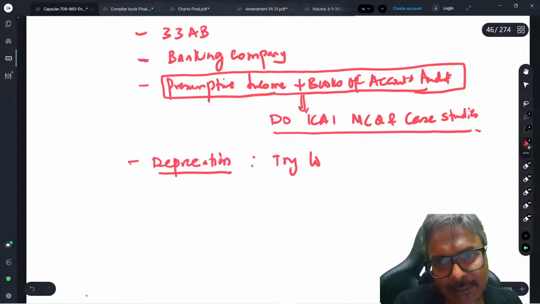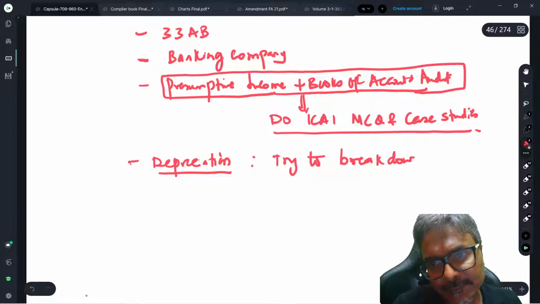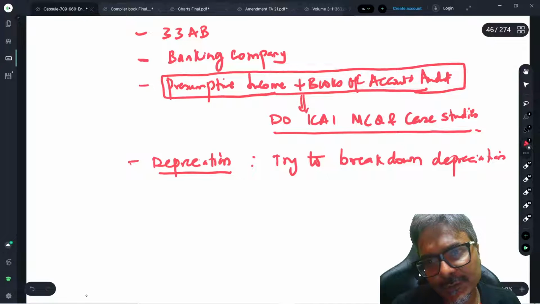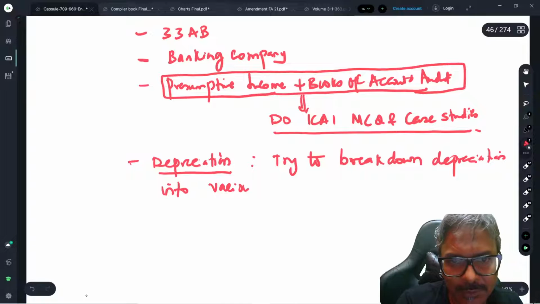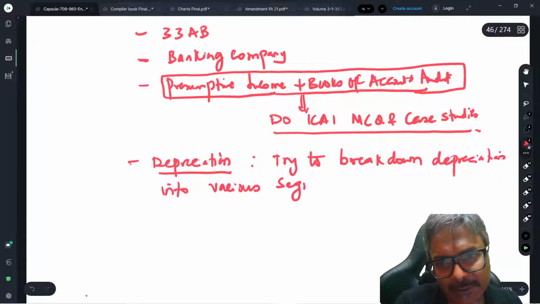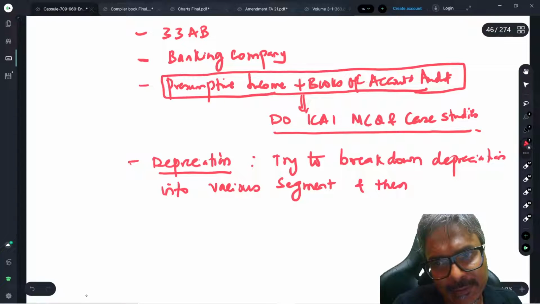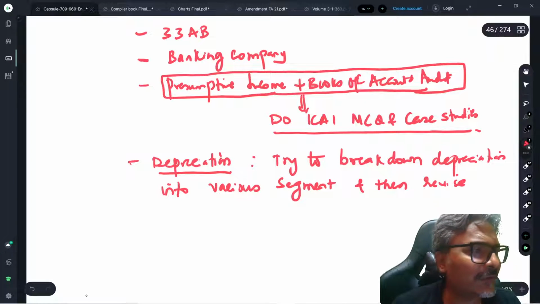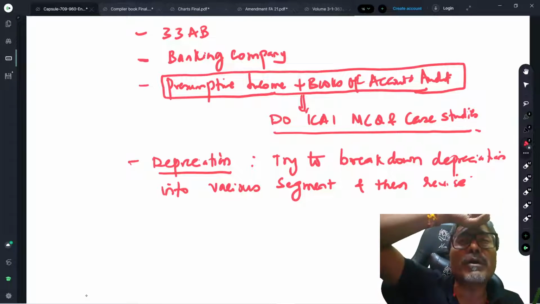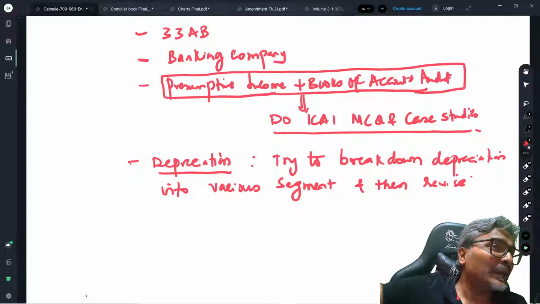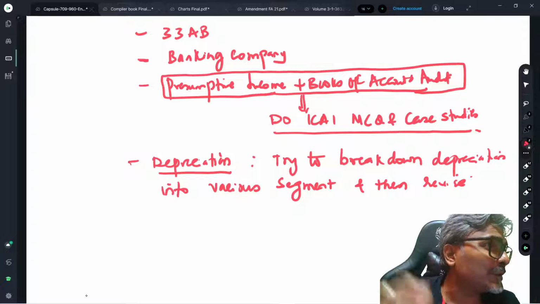Try to break down depreciation into various segments and then revise. Why am I saying various segments? Depreciation is the only area of PGBP which takes a lot of time, and you will feel very uncomfortable about depreciation.